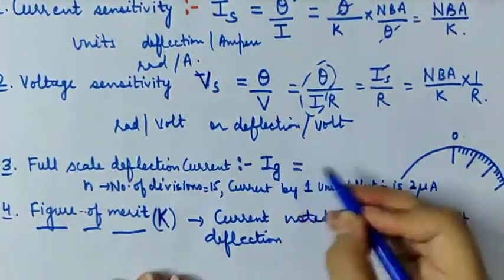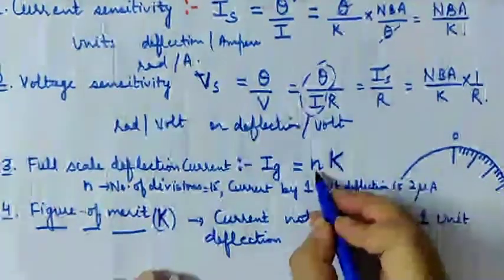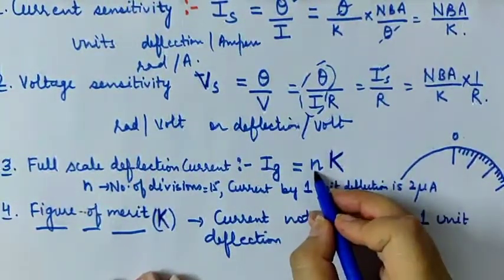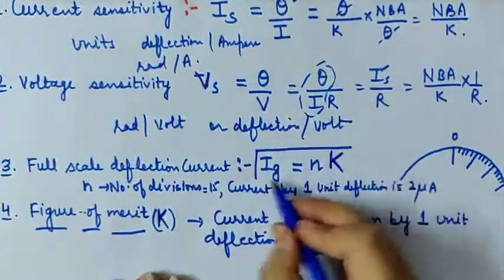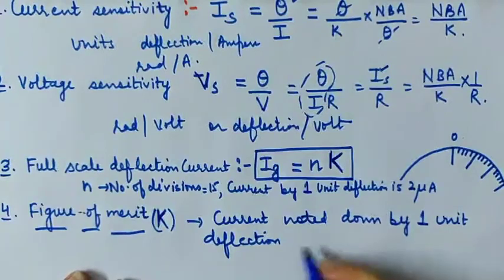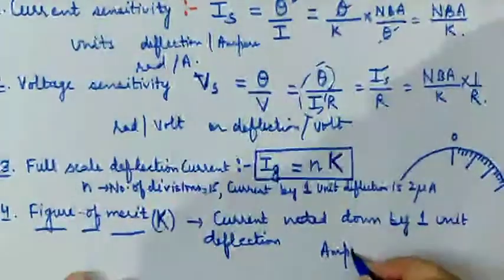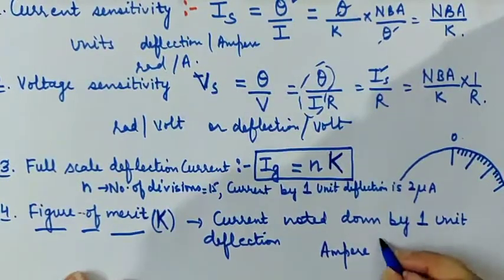So Ig must be equal to n, number of divisions, into K. Figure of merit multiplied by the number of divisions will be equal to the total current noted down by this device. So the units of this figure of merit, current noted down by one division, will be ampere per division.